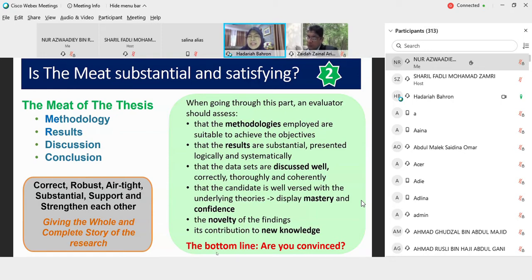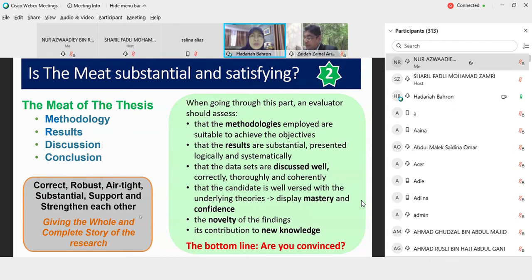The bottom line is the examiner will ask himself or herself, am I convinced? So to convince the examiners or the readers, students would have to be able to produce something like this. Not earth shaking.